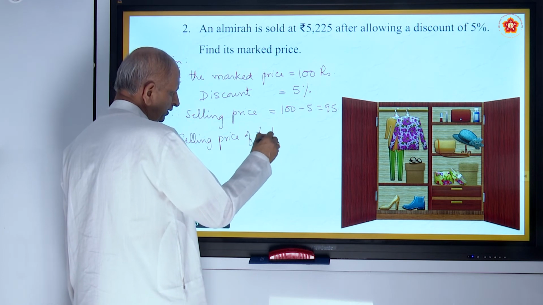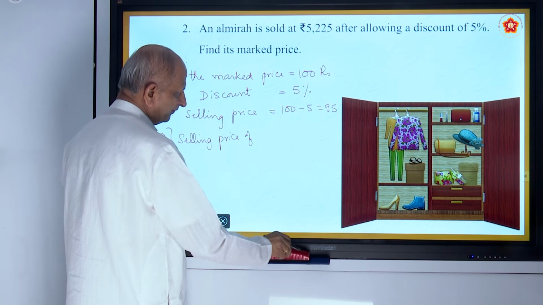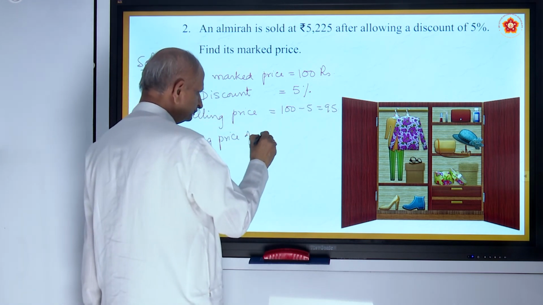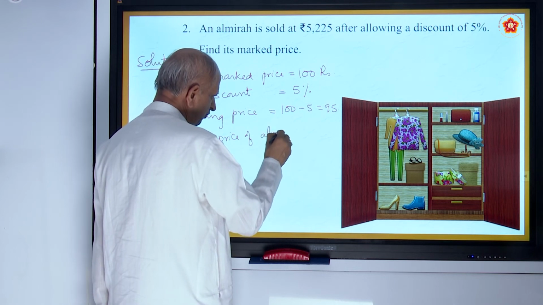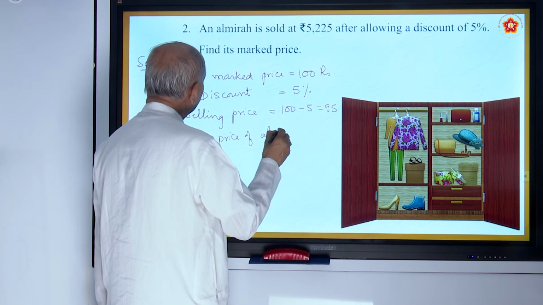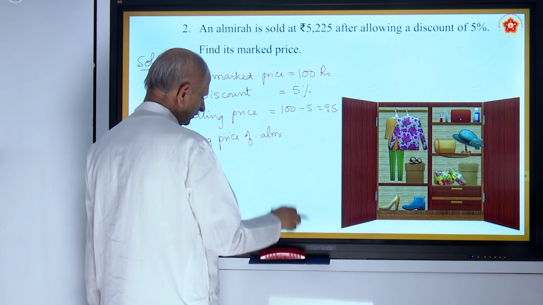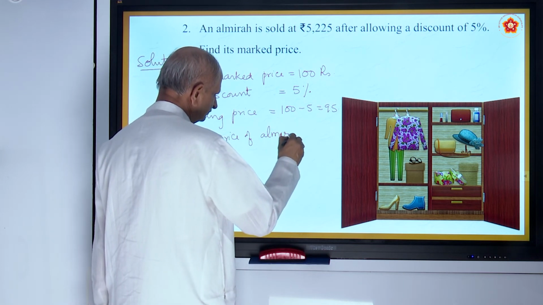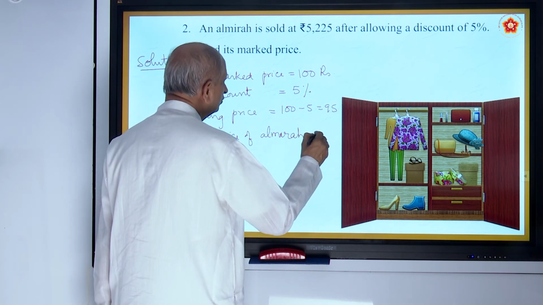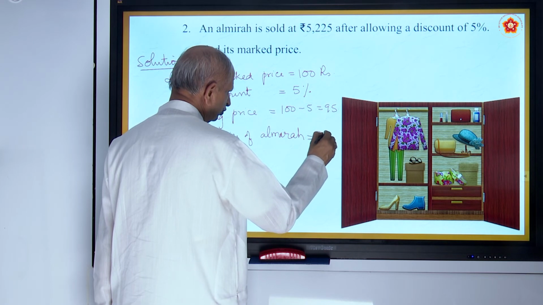Goods. Almirah. What is it made up of? Here it is made up of teak wood. Sometimes there will be steel also. Almirah is equal to rupees, this is how you write rupees, 5225.